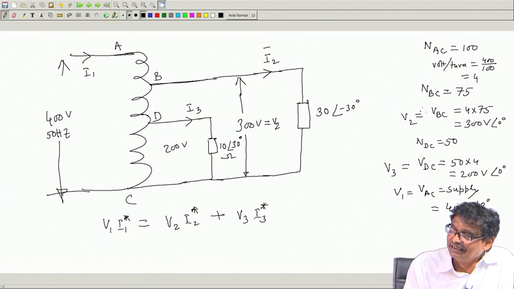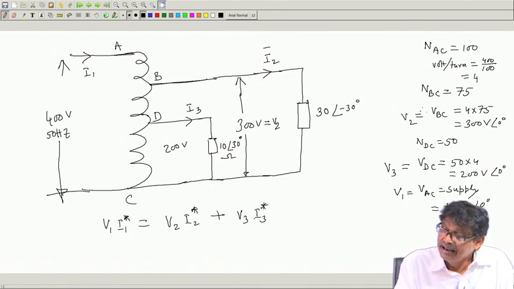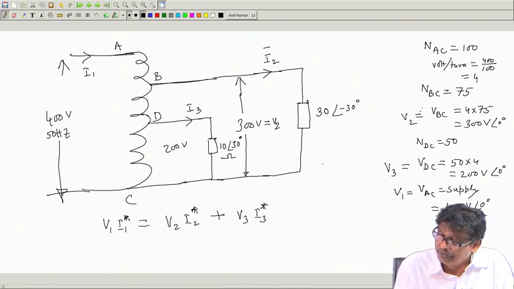This is the thing, and I 2 and I 3 are known.